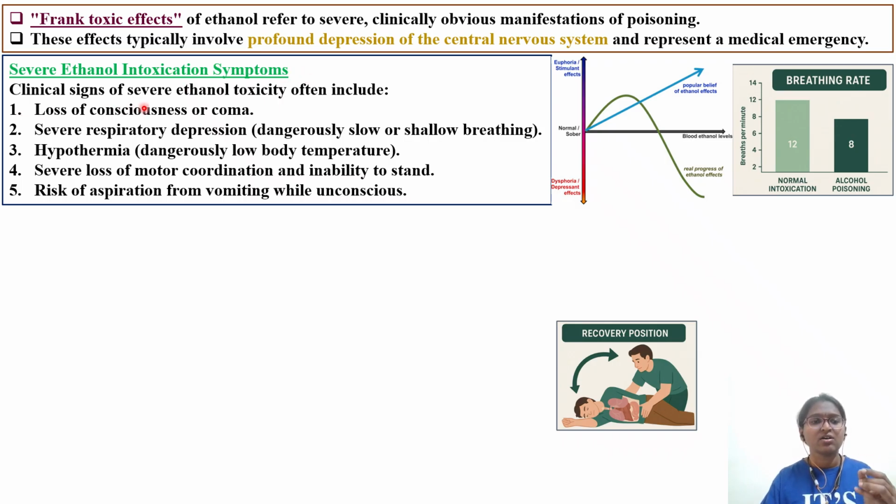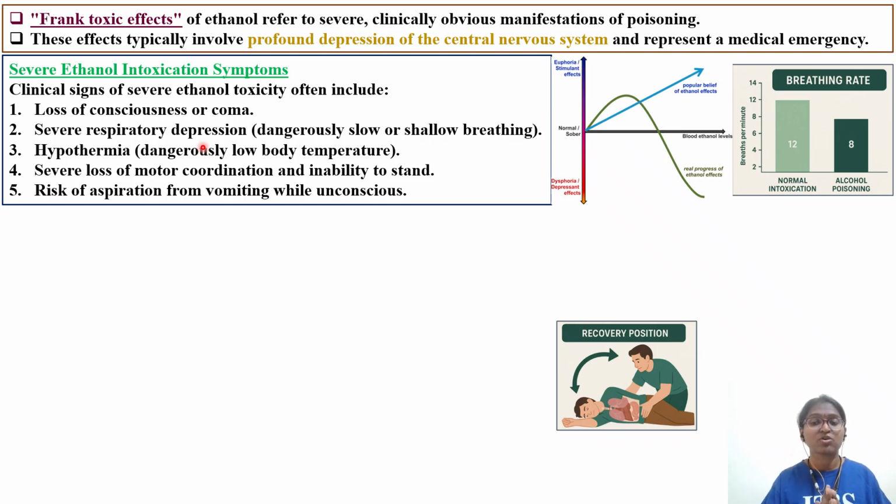Clinical signs of severe ethanol toxicity often include psychomotor effects, which we have seen once alcohol gets eliminated from your body after 8 hours. Now we are discussing frank toxic effects, which are the severe type, where an emergency physician needs to attend to these patients. These include loss of consciousness or coma, severe respiratory depression, a complete slowing of your breathing rate.